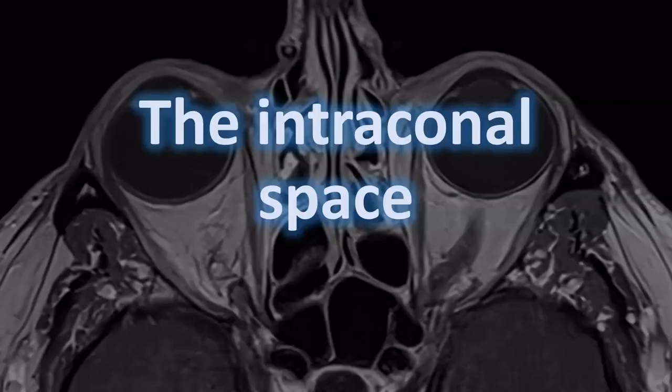This concludes this part of orbital imaging, concentrating on the conal space and the extraocular muscles. The next video will deal with pathology located inside the conal space, the intraconal space.